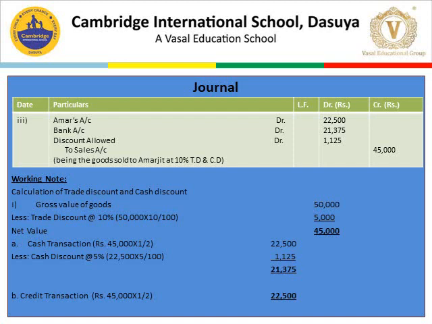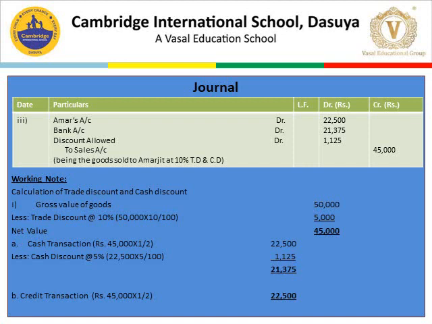Here, Amar is a person who will pay us in future, so he is an asset for the business, and a person who is going to pay in future is called a debtor. Debtor is an asset for the organization. So the journal entry will be an increase in debtors, that is an increase in assets, so debit Amar's account with 22,500, which he is going to pay in future.